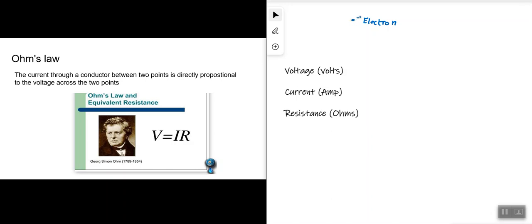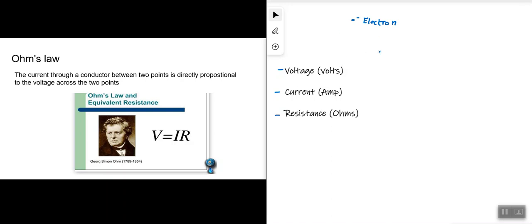It has a negative charge, and it is extremely small. So it's the movement and flow of this electron that gives us electricity, for example, that we use in our home. In relation to this electron, we have these properties of voltage, we have current, and then we have this thing called resistance.